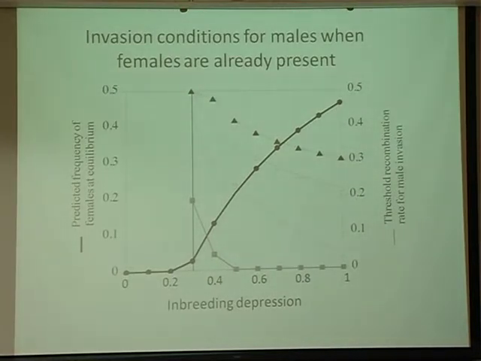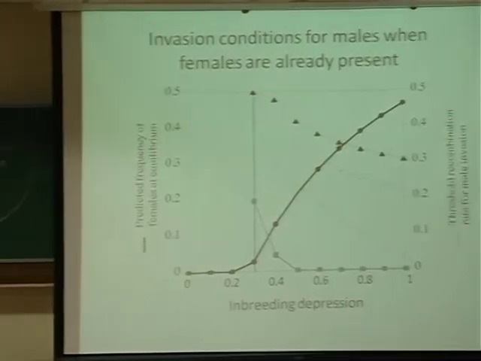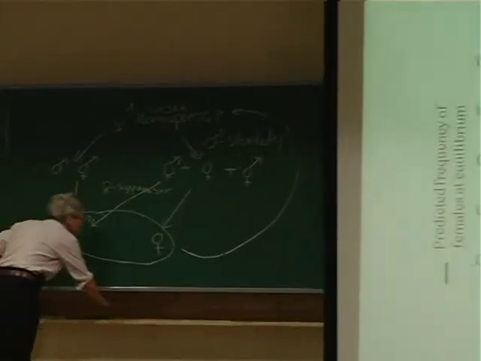And you can see that it can invade after inbreeding depression is higher than this level, and females start to become common. Then, according to how much male, this is showing, for a particular case, threshold recombination rates. No, I should have drawn another diagram then. Sorry, I got myself a bit lost. I need another diagram, or an addition to this diagram, to show this.